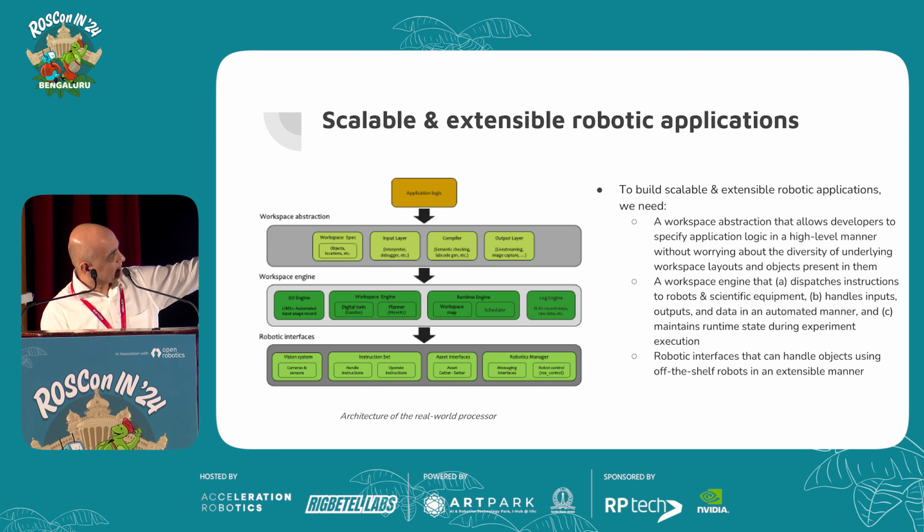And the next level takes care of running the program. Running the program in this case means sending the instructions down to the next layer, which eventually sends them to the robots, as well as maintaining the state of the engine. And the bottom layer is the equivalent of OS interfaces, which is the robotic interfaces, basically a wrapper around ROS2. So the bottom is a ROS2 wrapper, but the top 2 layers are the application logic layers.